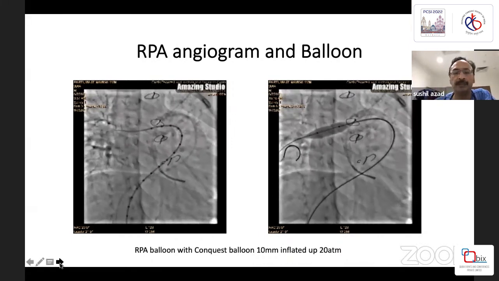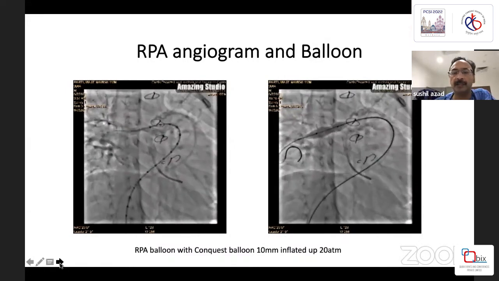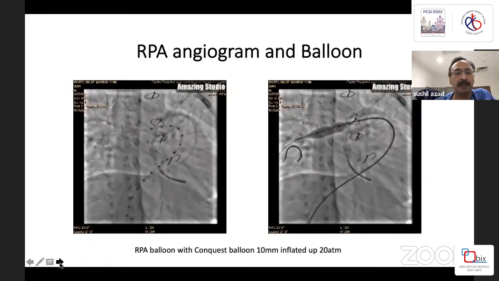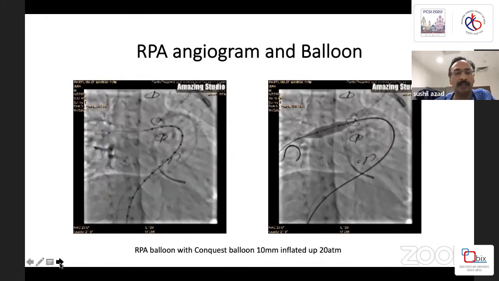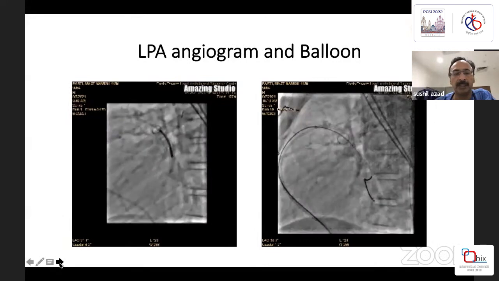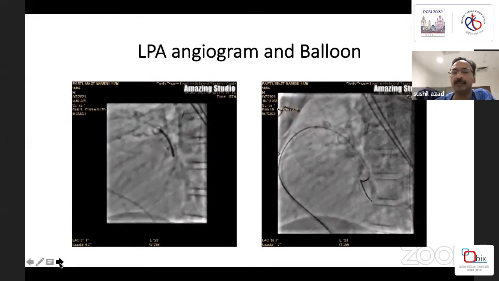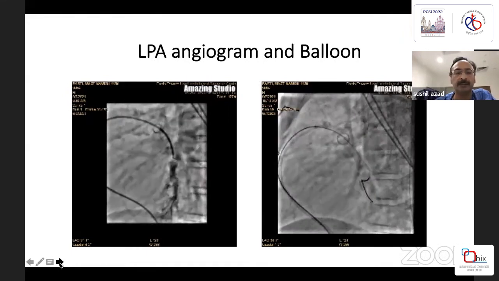Subsequent to this dilatation, we checked the gradient. There was no significant gradient across the right pulmonary artery. Then we crossed the left pulmonary artery stent as well. This was a unifocalized left pulmonary artery, and the right as well, so the length was not very significant.